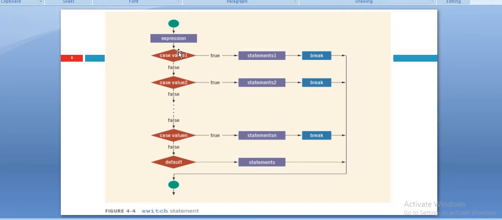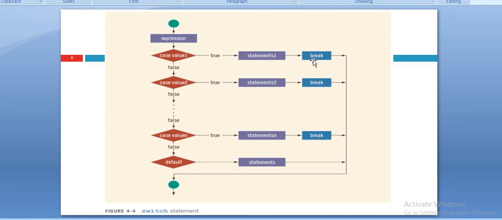Suppose the user has input the 1, then it is true, and in a statement we can write the day is Monday. If the user inputs value 2, integer 2, then Tuesday can be printed, and so on.